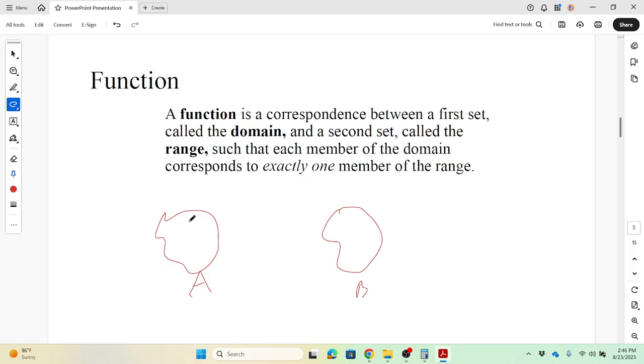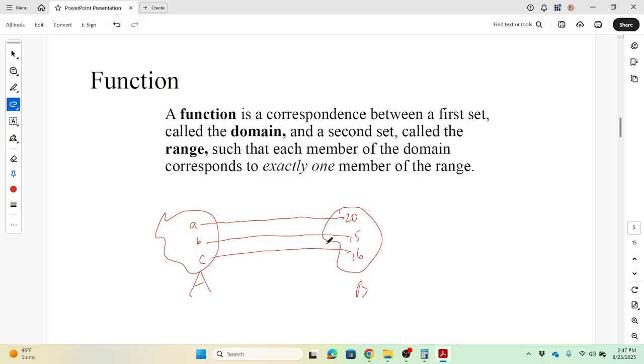Let's say names A, B, C, and these are their ages. For example, let's say 20, 15, 16. So the age of A is 20, the age of B is 15, the age of C is 16, something like that. So this is a relation. This is the correspondence between two sets A and B.